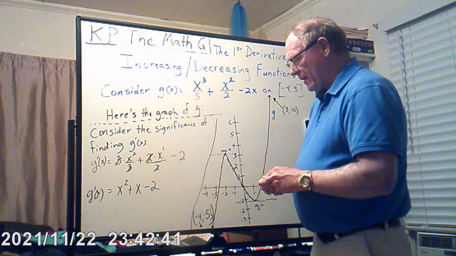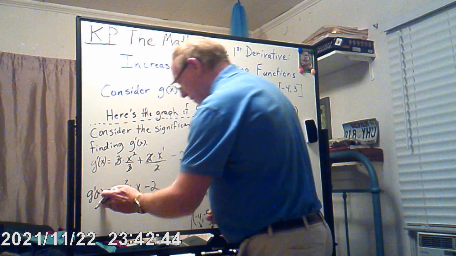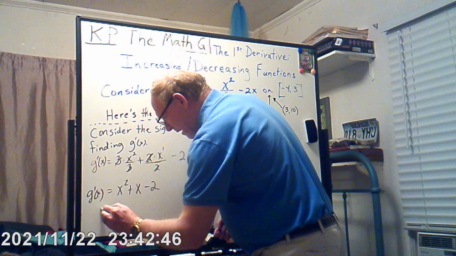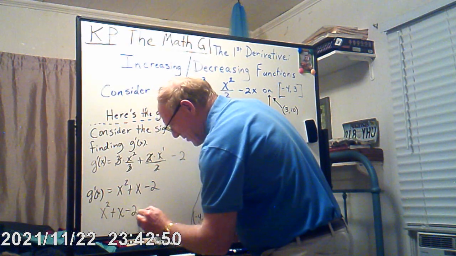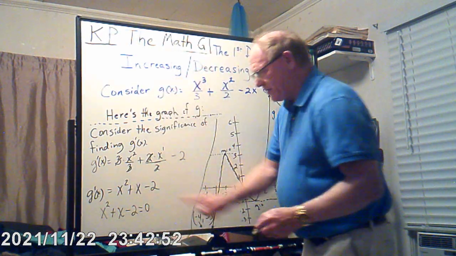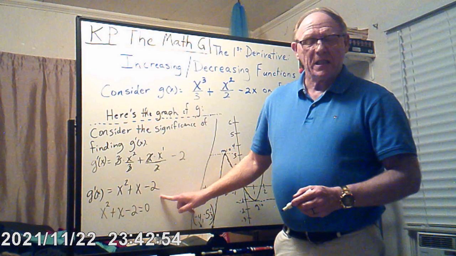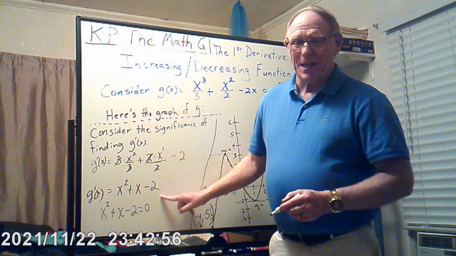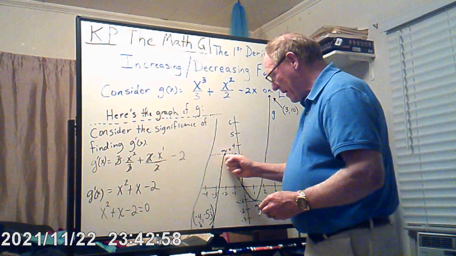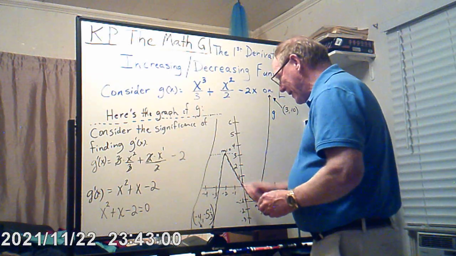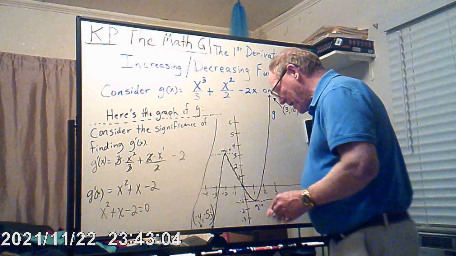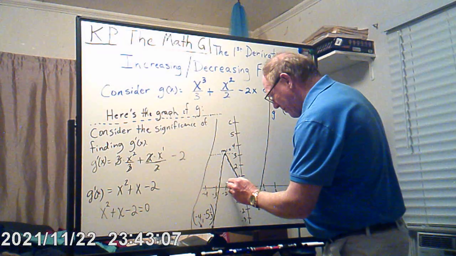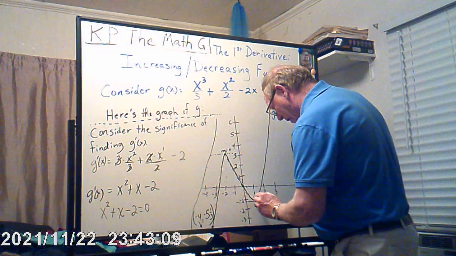Okay, so let's take a look at it. We're going to set this equal to 0. Now remember, why would we possibly set this equal to 0? This represents the slope of the tangent line. I want that slope equal to 0. I want every place where the slope is 0. Well, we already know from the picture that it's at -2 and at +1.